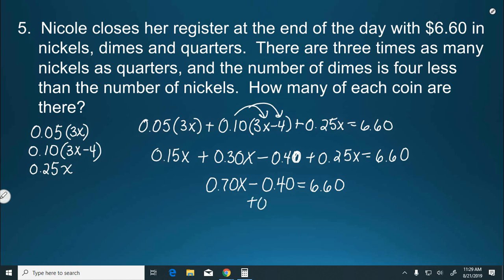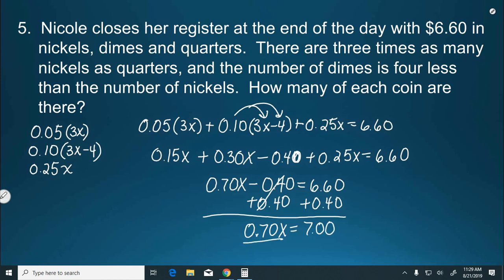Now I add that 40 cents. I get 70 cents x equals $7, which makes this pretty easy to solve. Divide by 70 cents, divide by 70 cents, and x equals 10, because 10 times 0.7 would be $7. So now we know that we have 10 quarters because x alone is quarters.